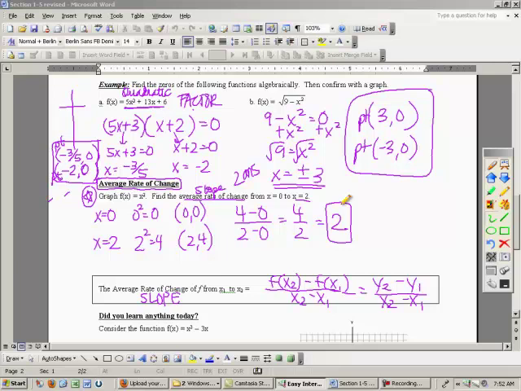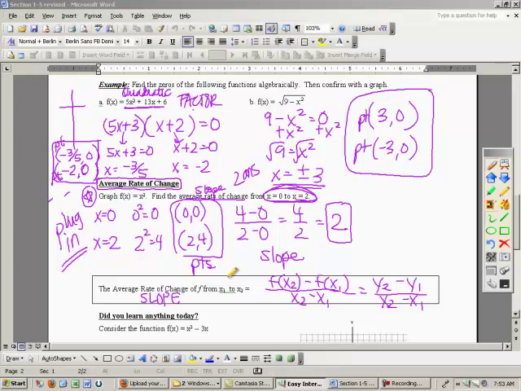The only problem is I don't give you the y values. We only give you the x values. And so you have to plug things in to get the y values. And then once you have your points, then you do slope. Okay, and so that's the whole idea of the new content that we have for today.